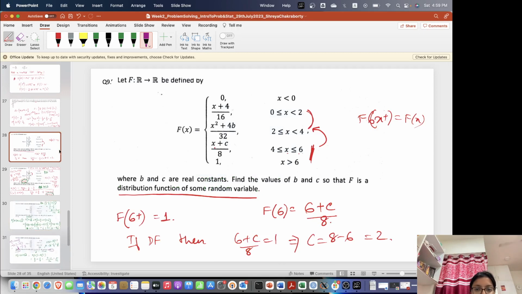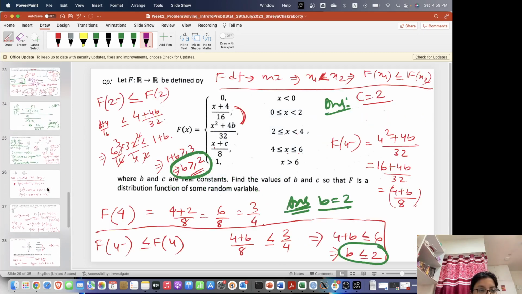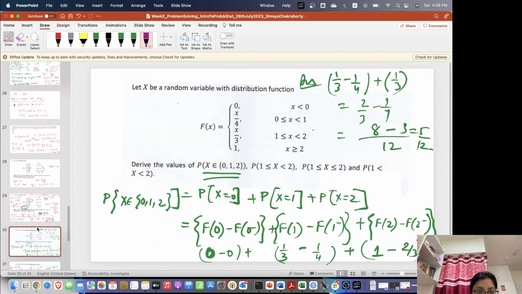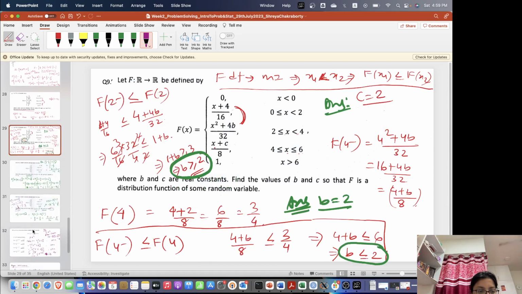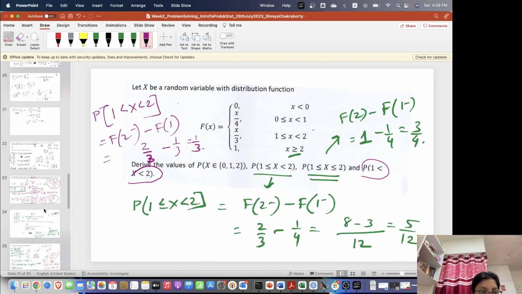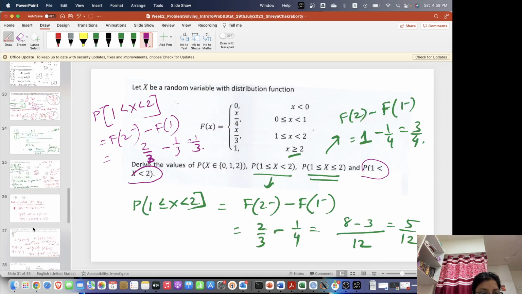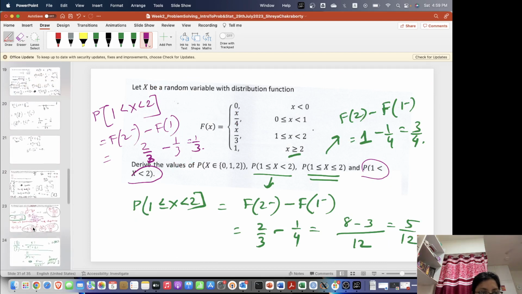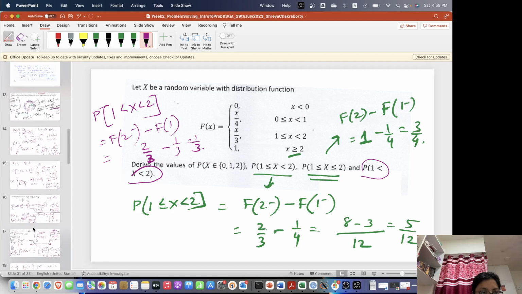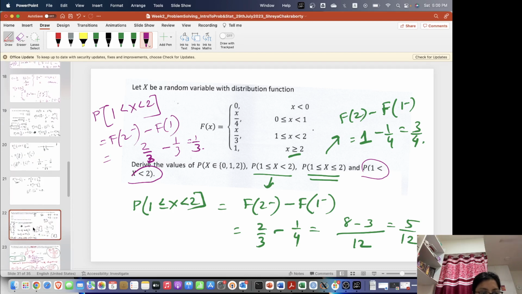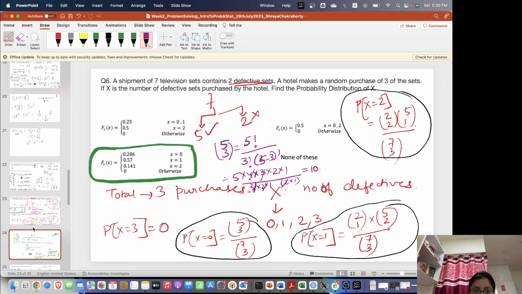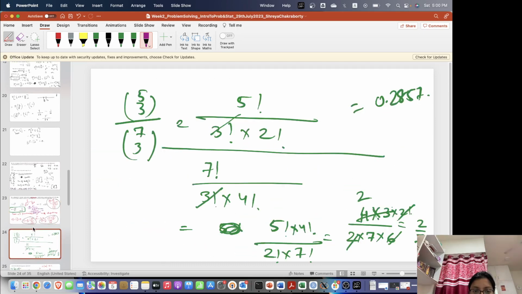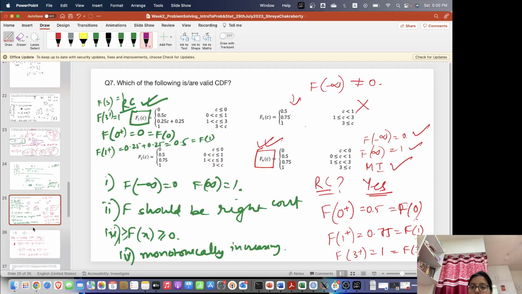But here you see, where was that example? Valid CDFs, those. This one.